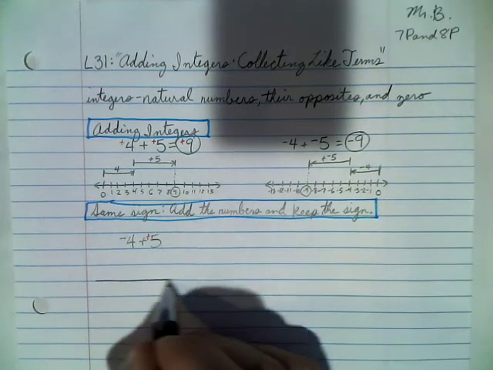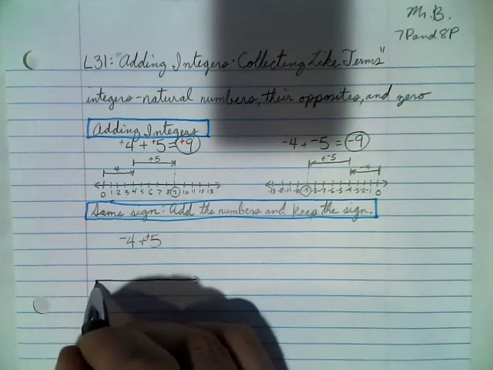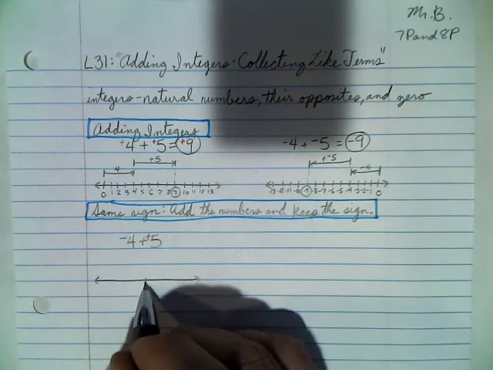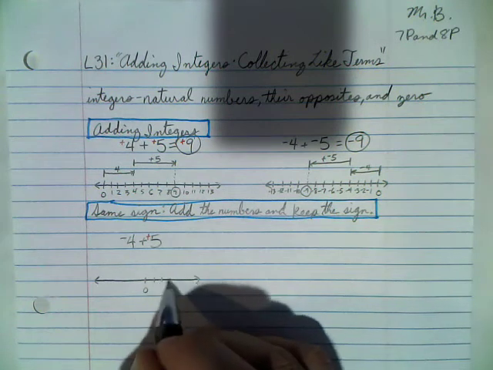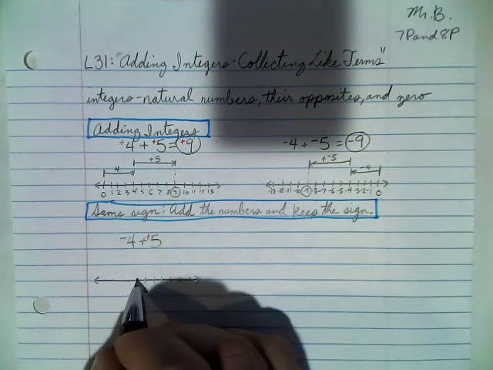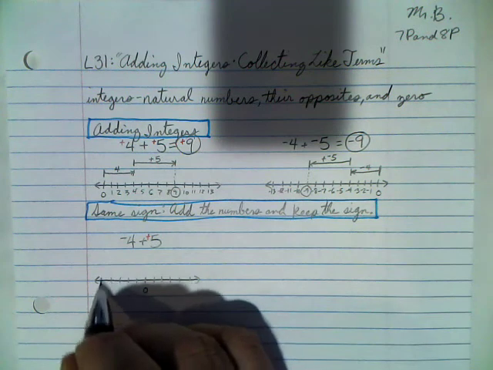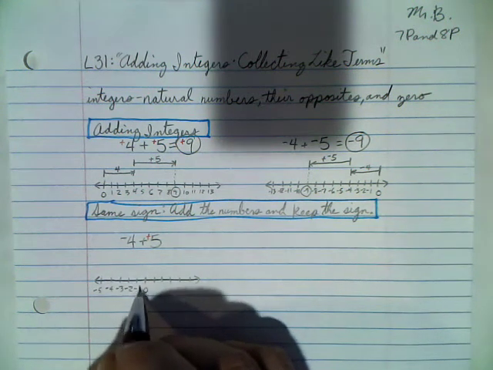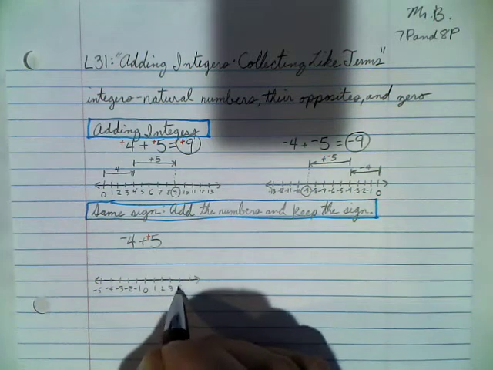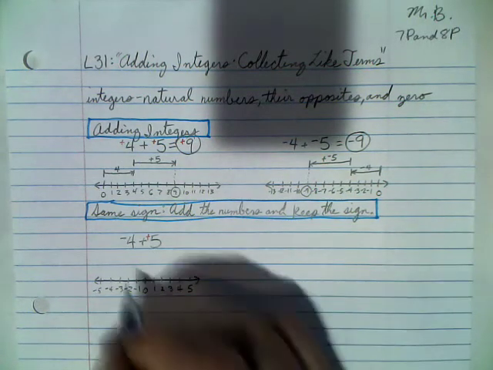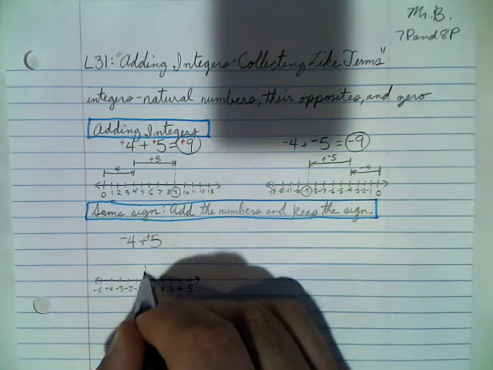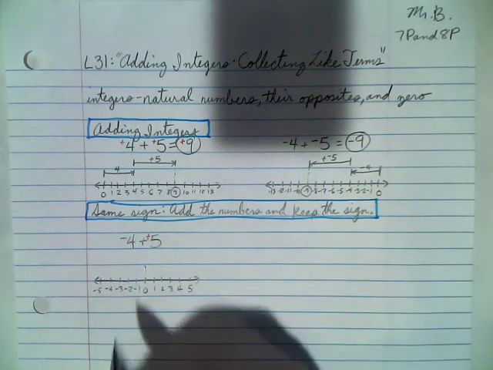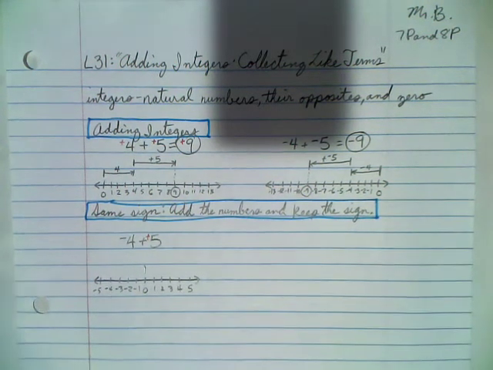So if I make a number line out of this guy, this time I'm going to stick 0 in the middle, and I want to go 1, 2, 3, 4, 5 in each direction if I can. So negative 5, negative 4, negative 3, negative 2, negative 1, 1, 2, 3, 4, and 5. So we start with 0. And my first number, negative 4, negative would send me to the left.